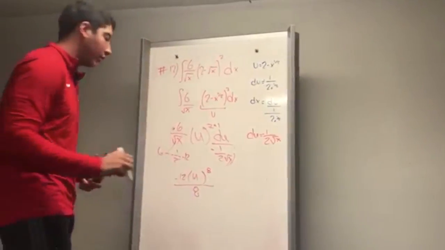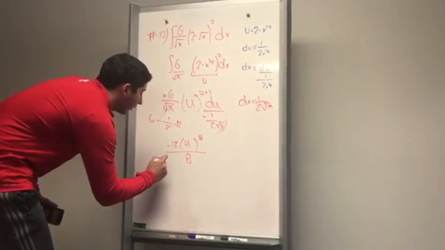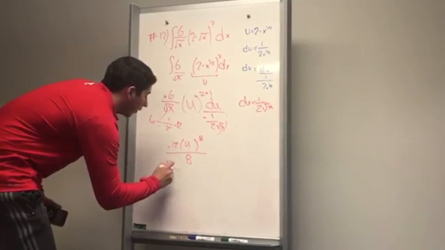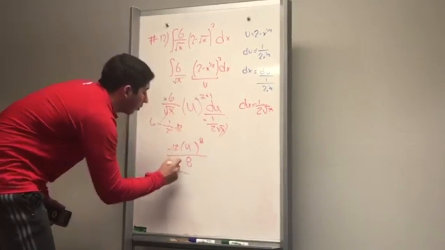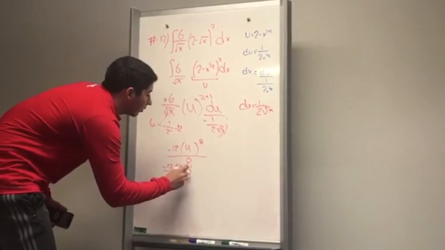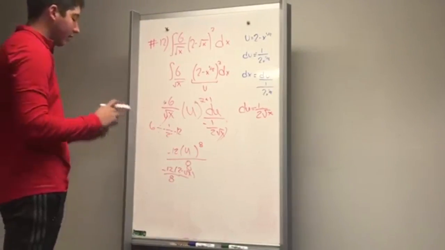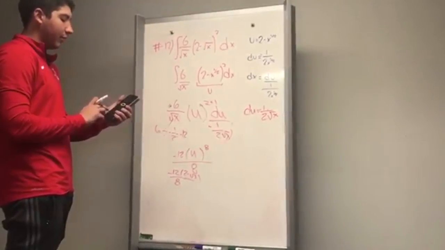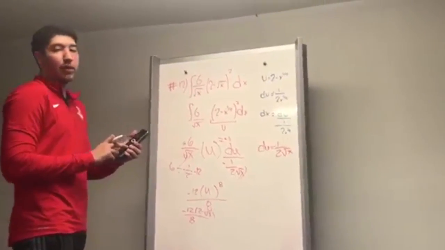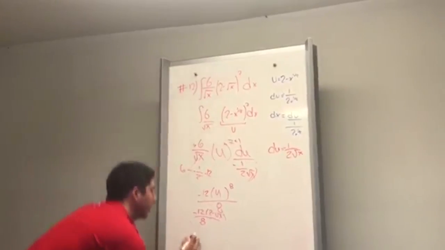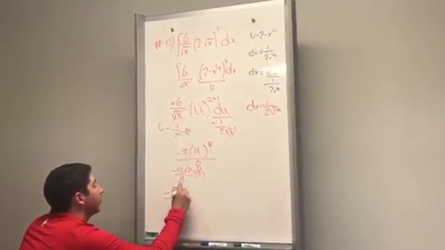And substitute the u, which is negative 12 over 8 times 2 minus 1/2 plus c, and simplify. And if you point the calculator, 12 over 8, it's 3 over 2, so it's negative 3 over 2.